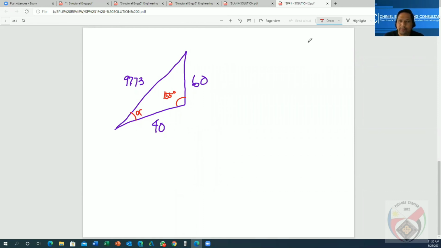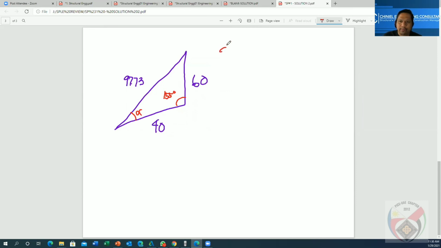Right? So from the law of cosine, we'll go straight to it since we already discussed it earlier. The square of the opposite side, so if alpha is unknown, the opposite side is 60.